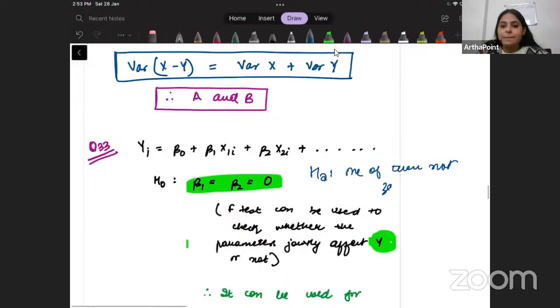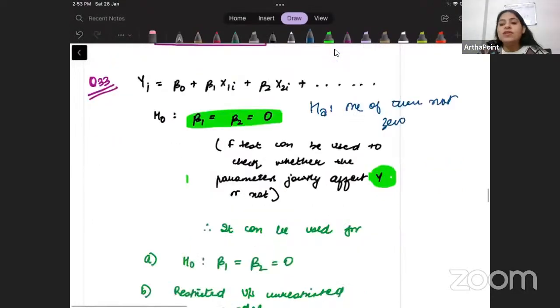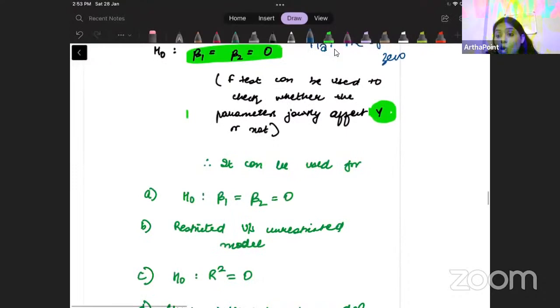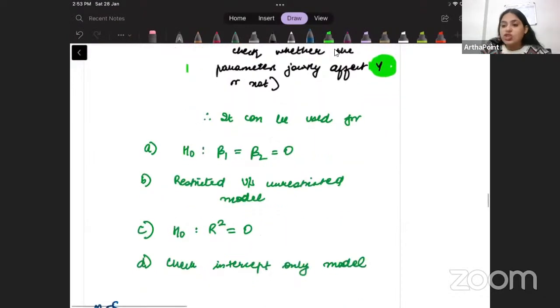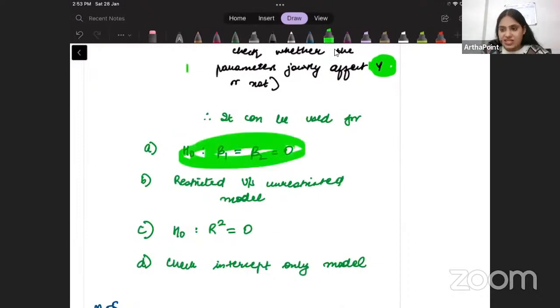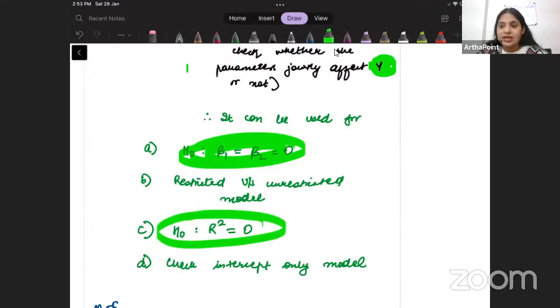This is your null versus alternative. So we always use F-test to do a joint test, whether both the betas together are 0 or not. Because we are checking a joint test of the betas, therefore it is equivalent to testing whether your R square itself is 0 or not, right?